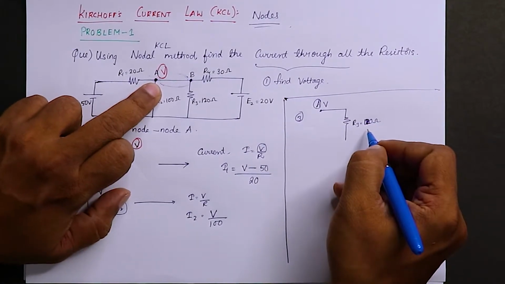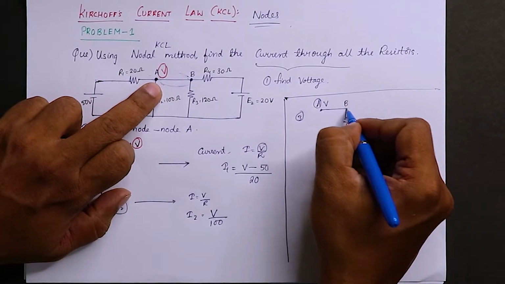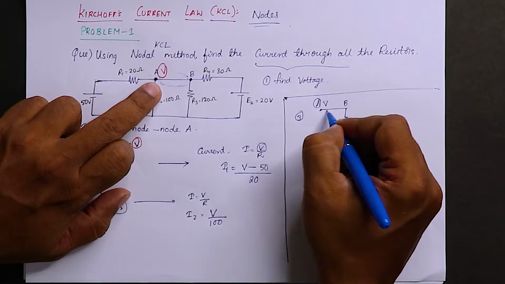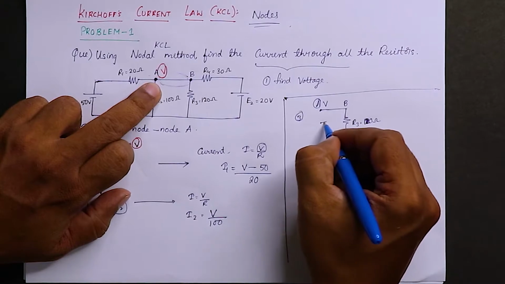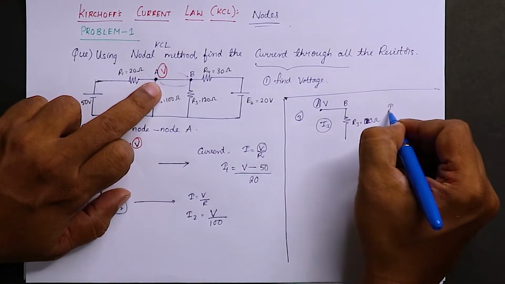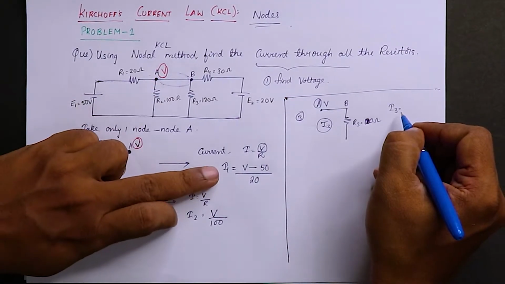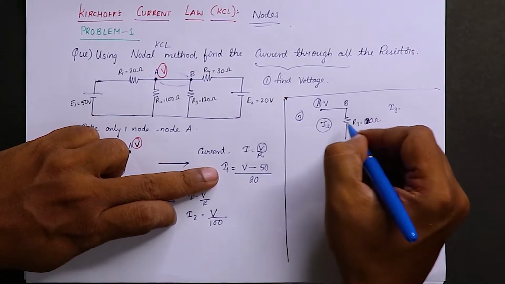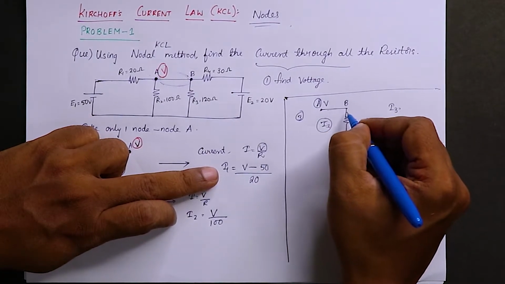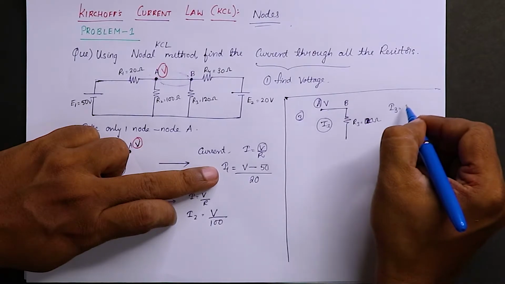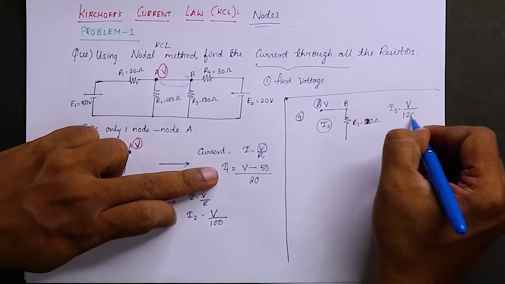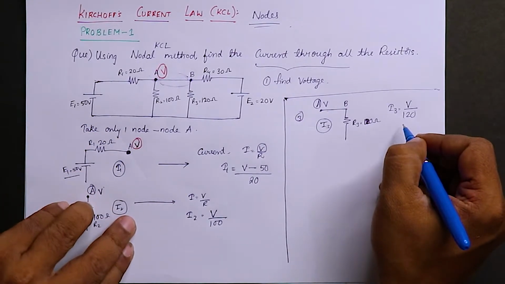As we don't have any other element before it, there is no other voltage. And let us take this I3. So I3 is equal to V by R. There is only one V, no other voltage coming in this branch, so I3 is equal to V by 120.